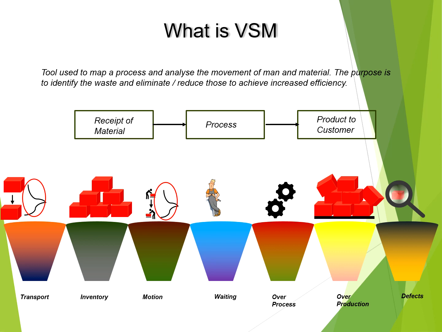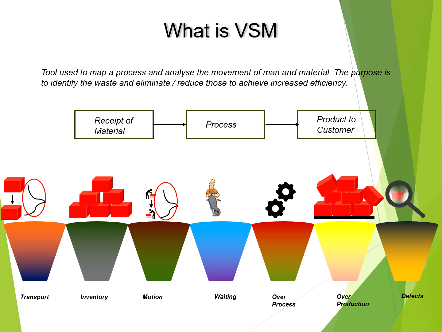While doing it, there is a possibility of wastages getting generated. The purpose of VSM, or value stream mapping, is to identify these wastages so that these can be addressed and reduced or eliminated to get better efficiency.